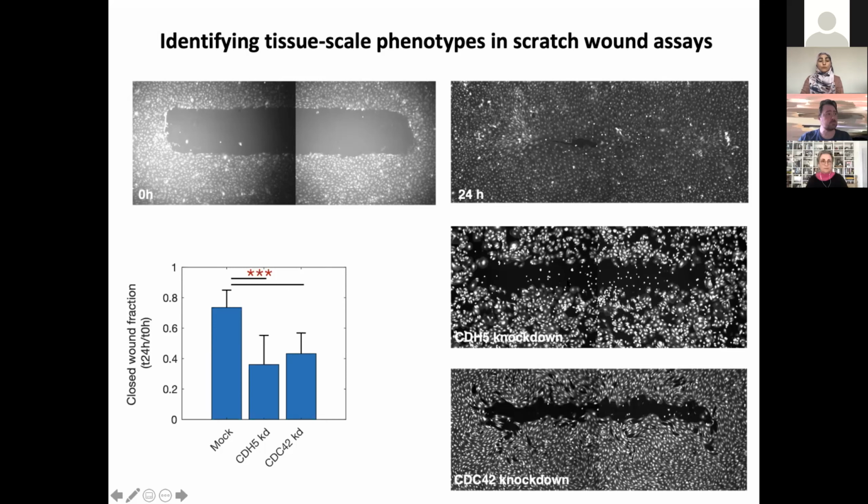But the challenge is, if we want to do these experiments in a flexible way, these images were acquired at 4x and acquired for thousands of conditions. So we want a flexible approach that allows biologists to do what they do normally, and then come up with an analysis approach that allows them to extract more information from these data sets.